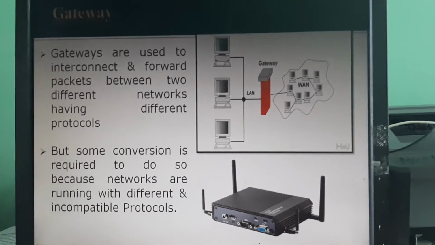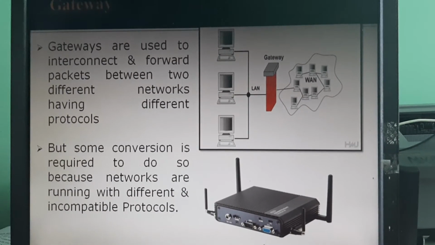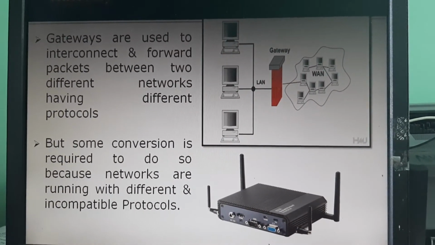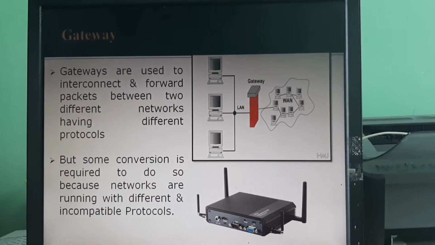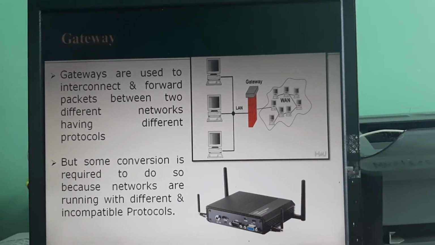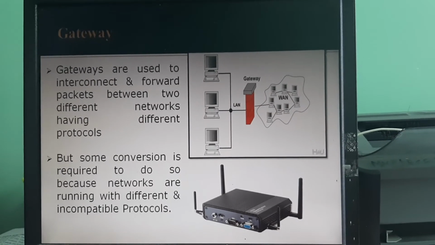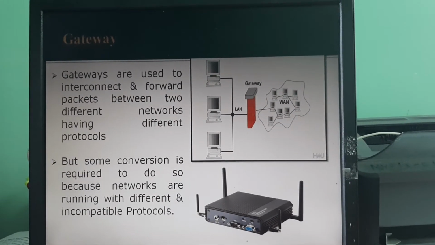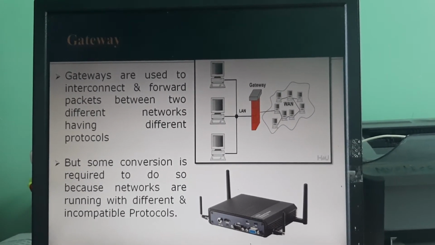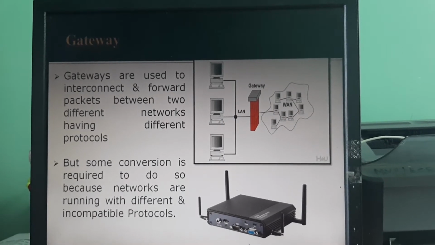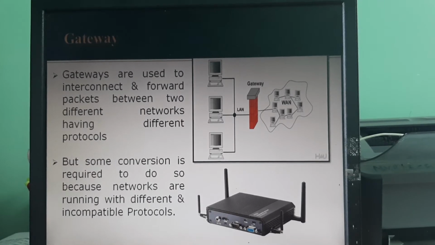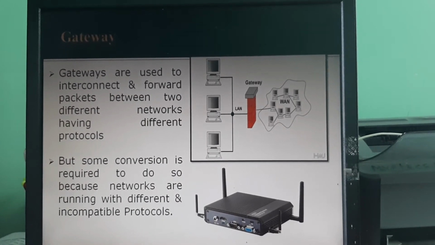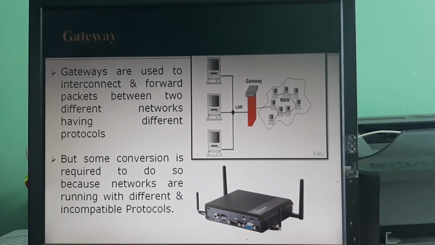This device knows the path of the remote destination address. If required, it also changes the encapsulation of the packet. Means if it is not able to identify the destination address where we want to transmit the data, it encapsulates the packet so it can travel through other networks also to find out the destination.